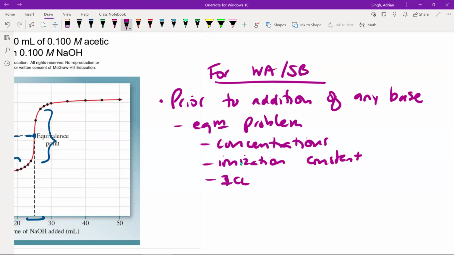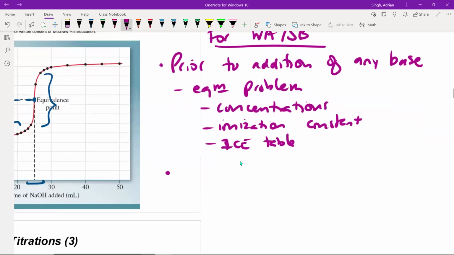Our ice table. So that's just when we have our weak acid present.